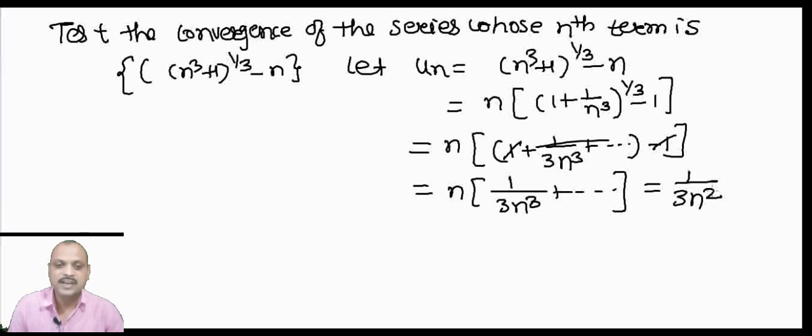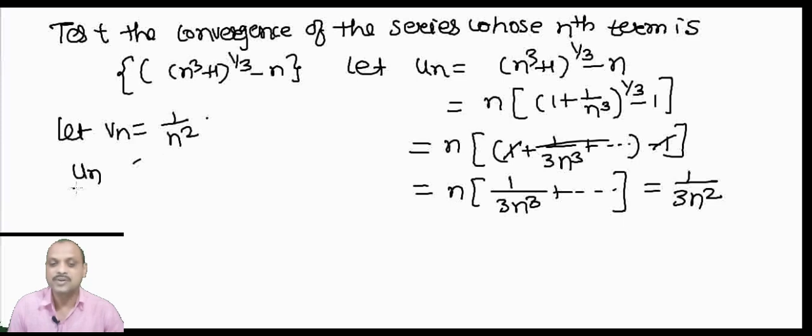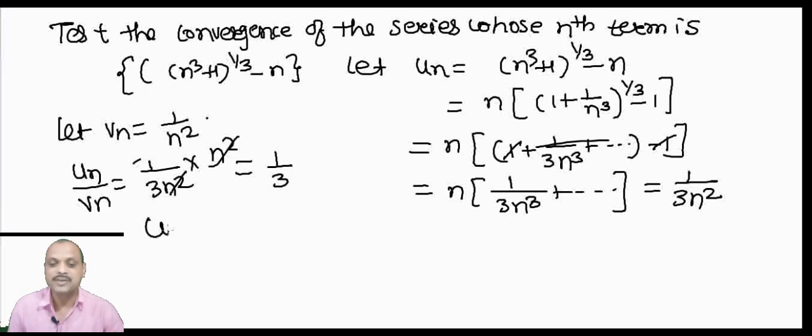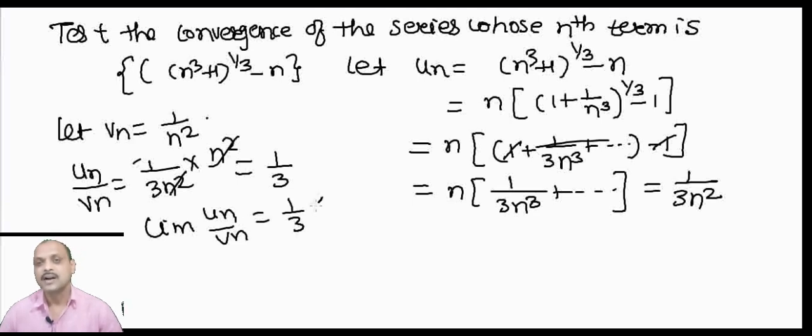Now let Vn equal 1 divided by n square. Then we can see that Un divided by Vn equals 1 divided by 3n square into n square. The n square cancels and we get 1 by 3. So here the limit of Un divided by Vn is equal to 1 by 3, which is finite, and the series behave alike.